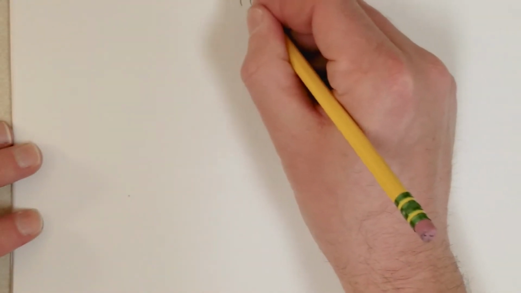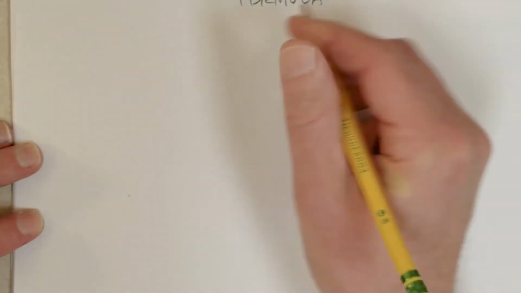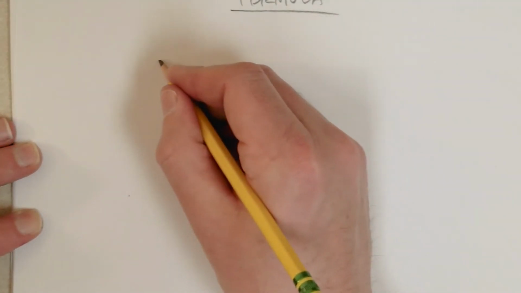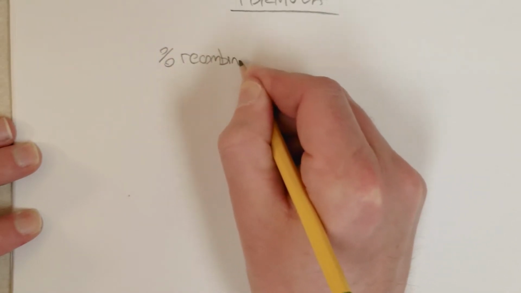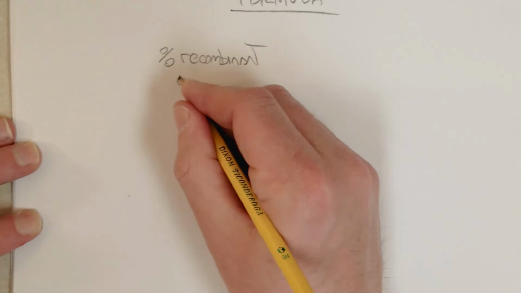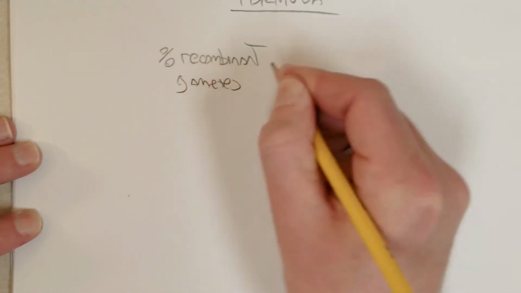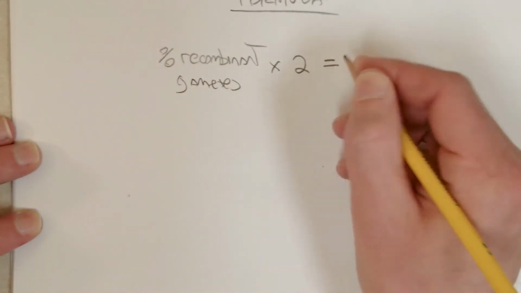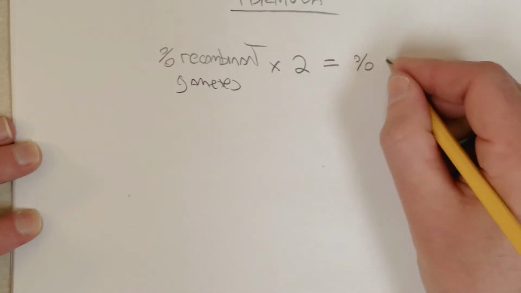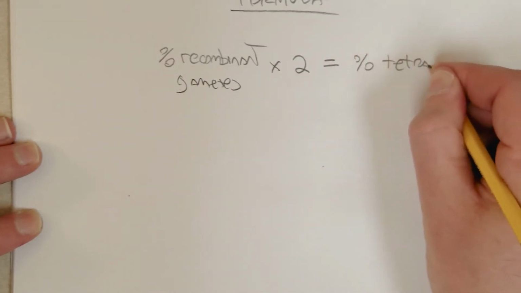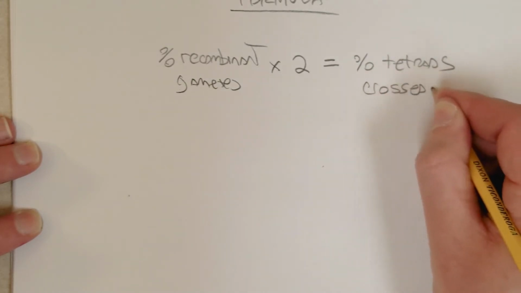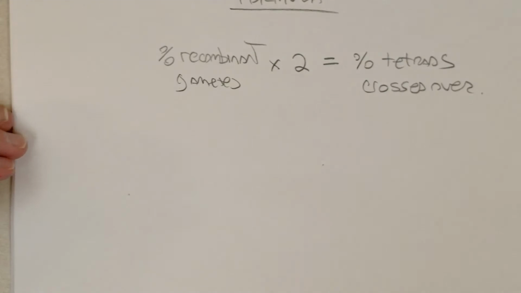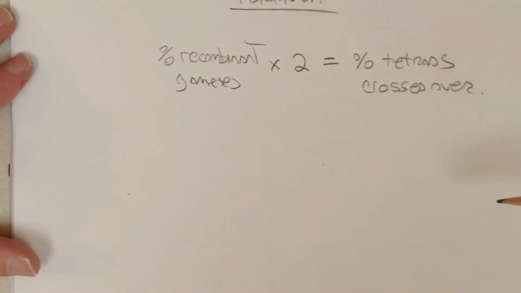Before we go over the worksheet, I want to give you this formula. If you know the percent of recombinant gametes, you multiply that by 2, and you can know the percent of tetrads that crossed over between the genes that you were interested in.